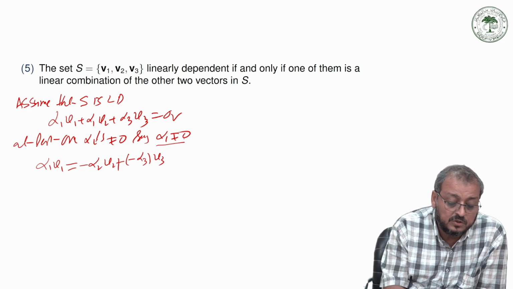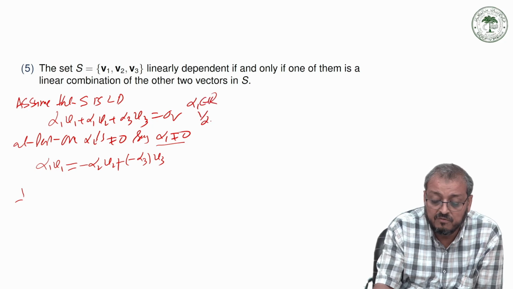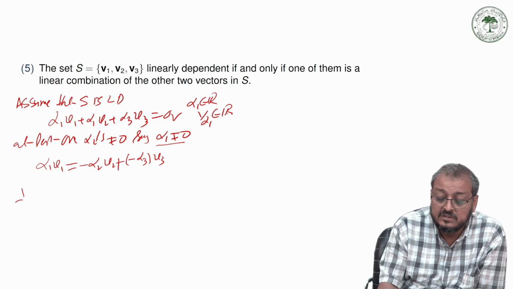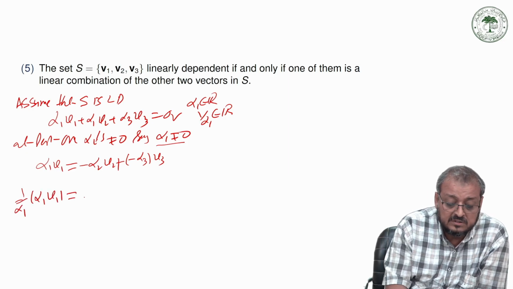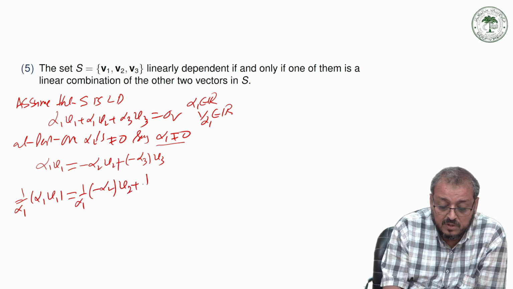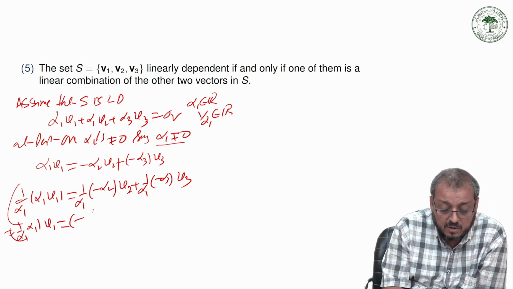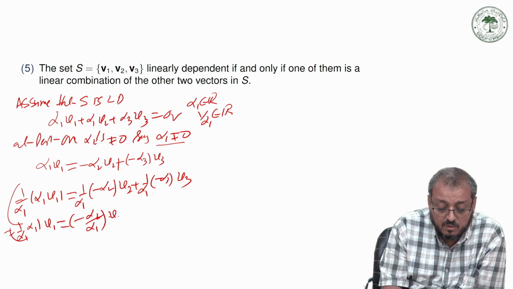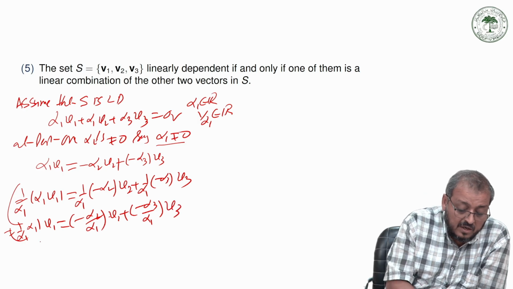Because alpha 1 is not equal to 0, 1 upon alpha 1 is an element of R. So we can multiply by 1 upon alpha 1, and we get V1 is equal to minus alpha 2 upon alpha 1 V2 plus minus alpha 3 upon alpha 1 V3.